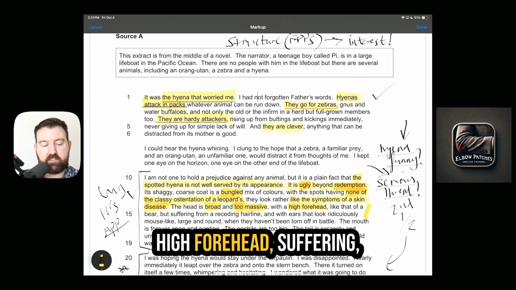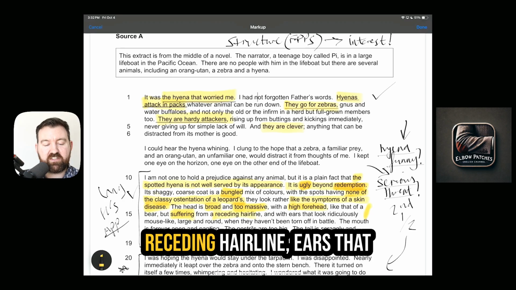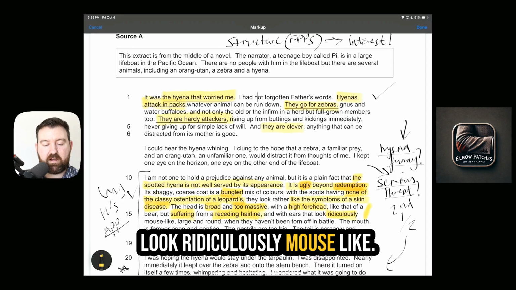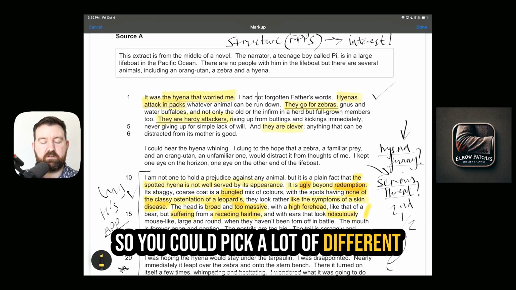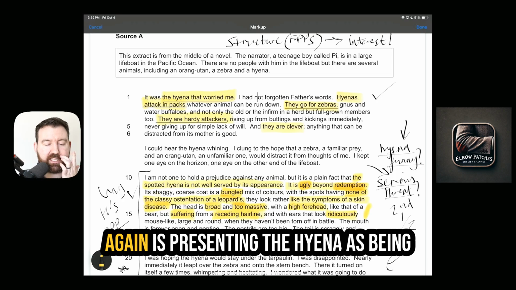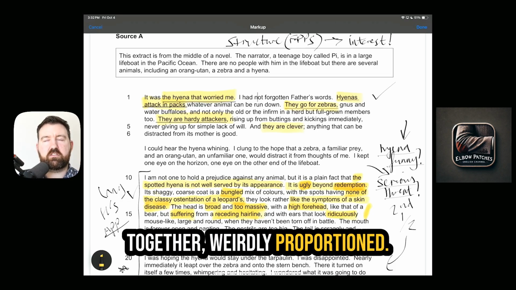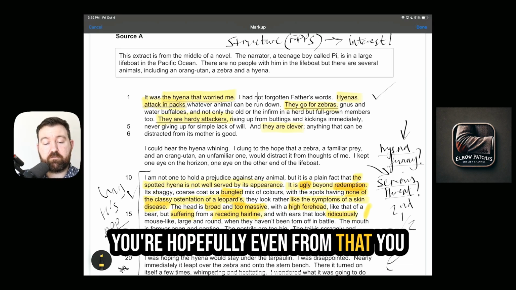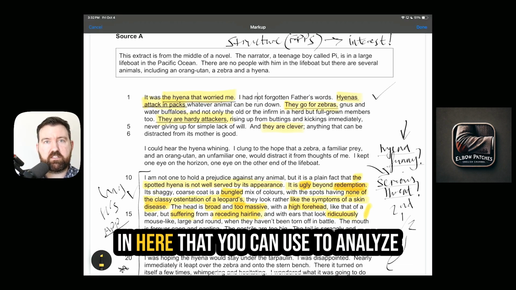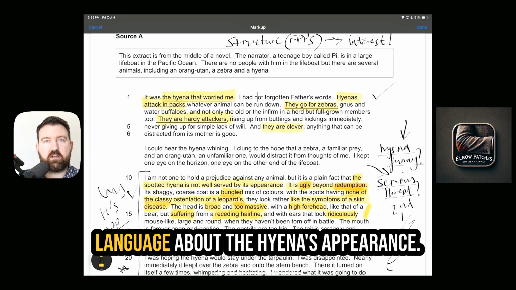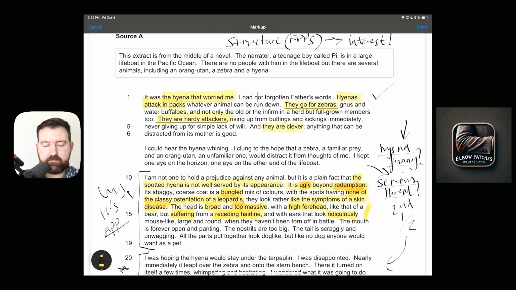High forehead, suffering, receding hairline, ears that look ridiculously mouse-like. So you could pick a lot of different word choices in here, and all of this again is presenting the hyena as being very ugly, silly looking, weirdly put together, weirdly proportioned. Hopefully even from that you can see that there's so much evidence in here that you can use to analyze language about the hyena's appearance.